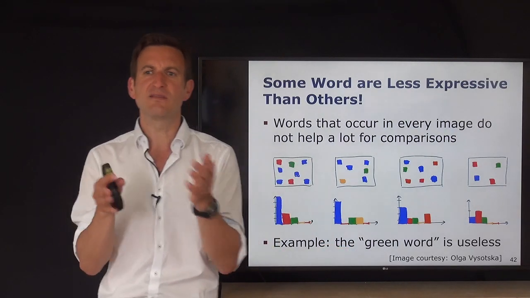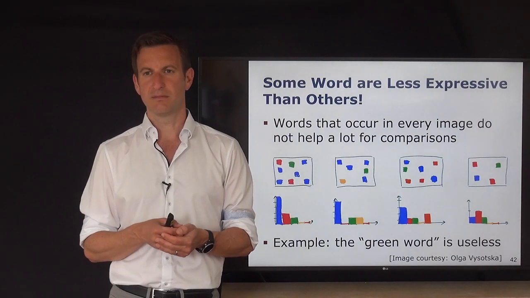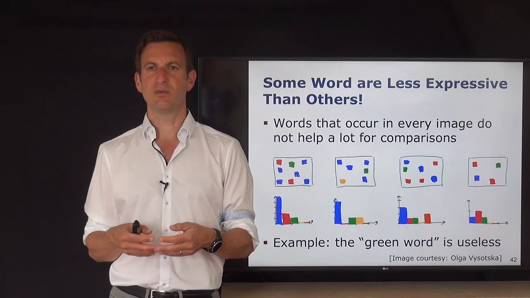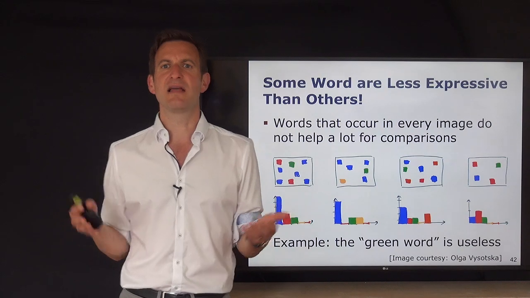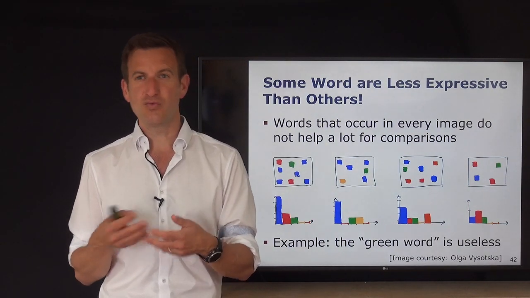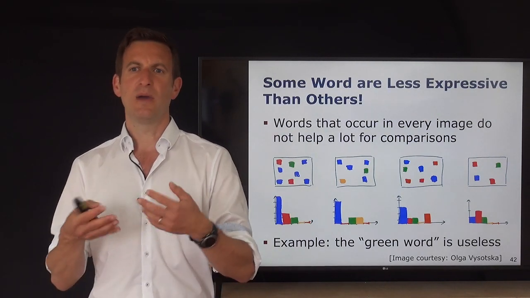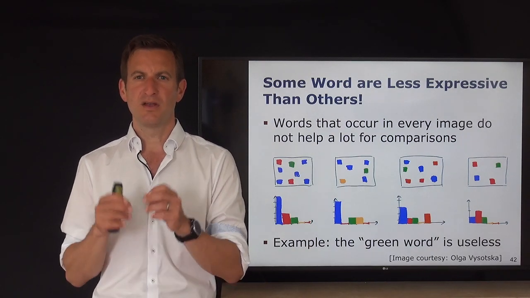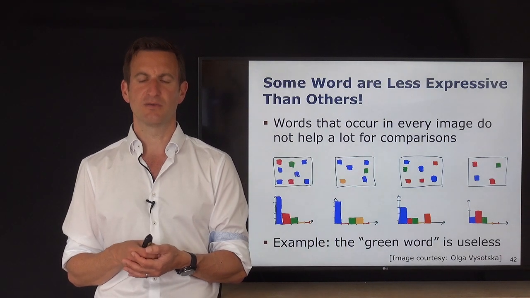So the word green is more or less useless for the similarity query that we are doing here. And so the key question is, how can we identify this? How can we say a certain word is better for the comparison and other words are less relevant for our comparison? And so we may want to reweight certain words which are more important and weight other words which are less important down, so that the less important ones don't matter that much when we compare the distances between our histograms.